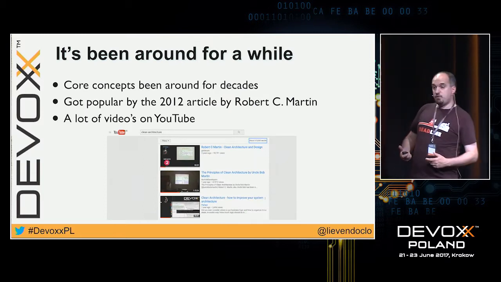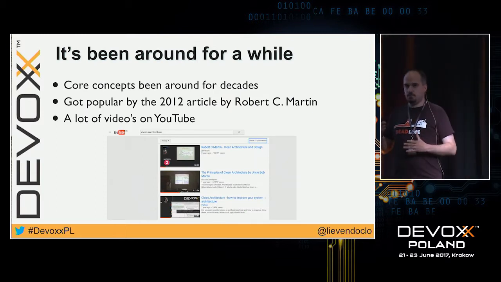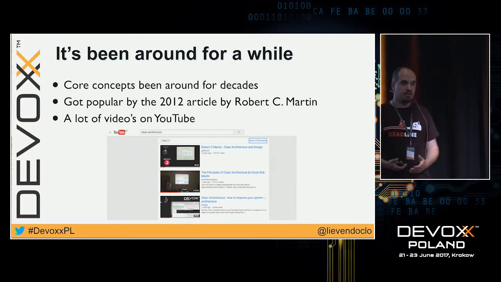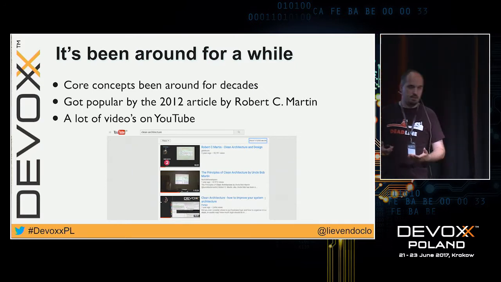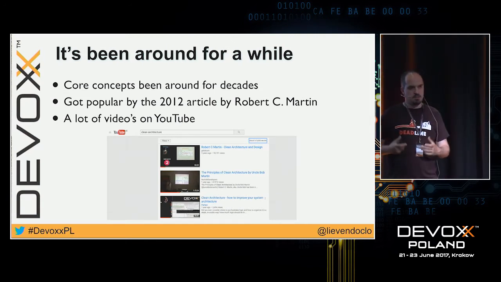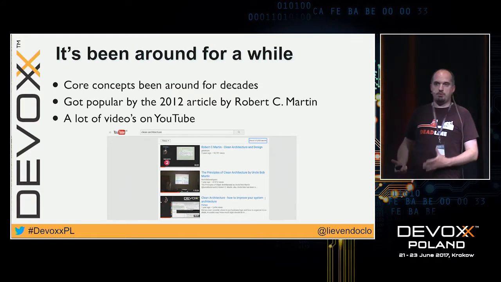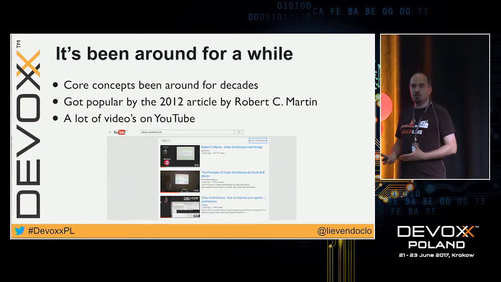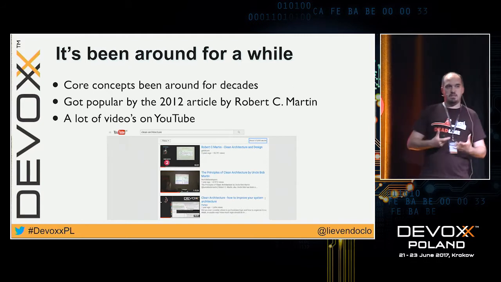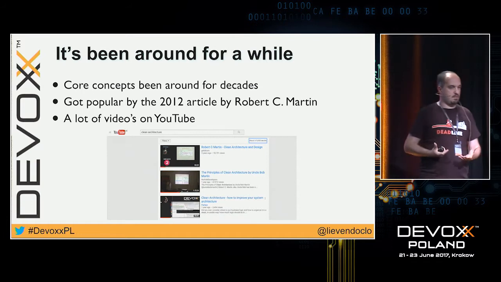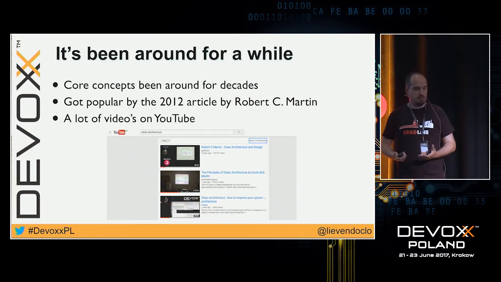It's actually been around for a while. The core concepts like screaming architecture and onion architecture have been with us for a lot of decades. But the concept of clean architecture got popular thanks to Uncle Bob, who in a 2012 article explained how he saw clean architecture within the current ecosystem of software development.